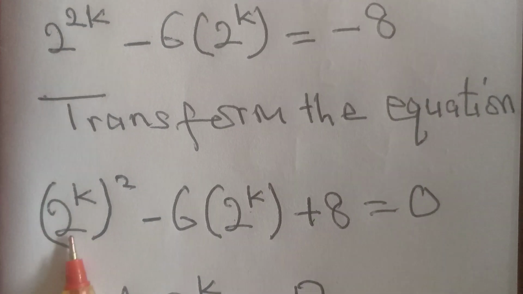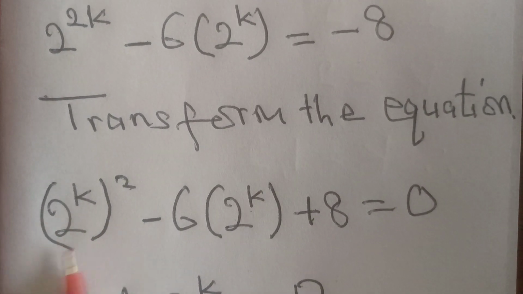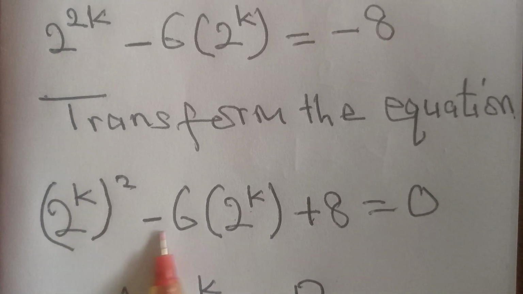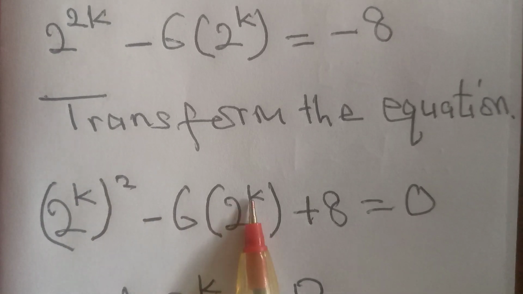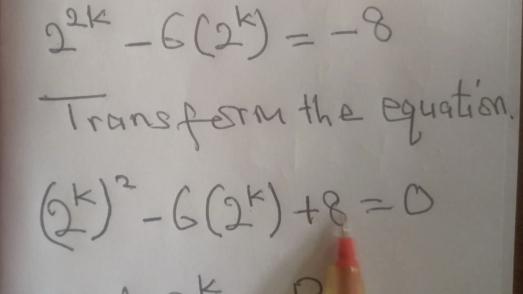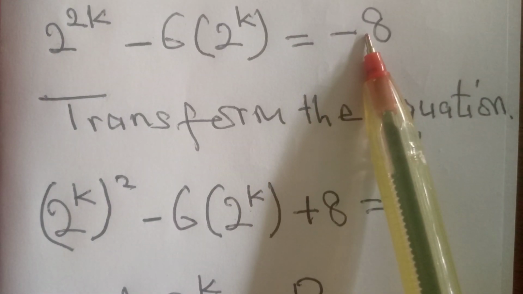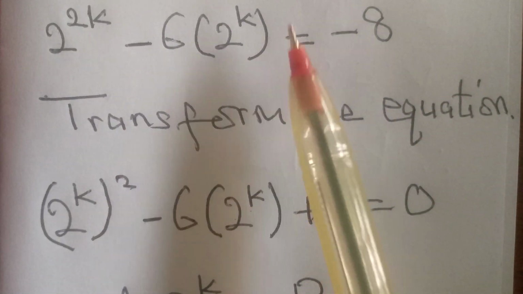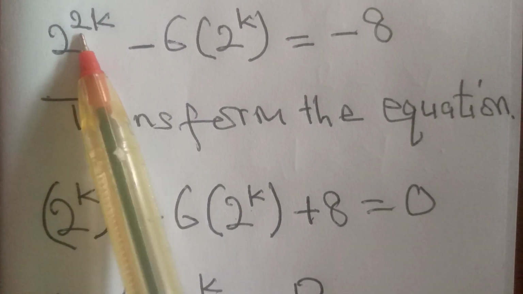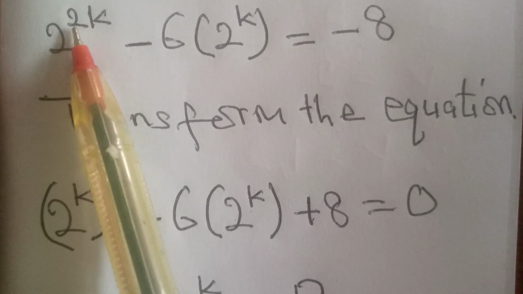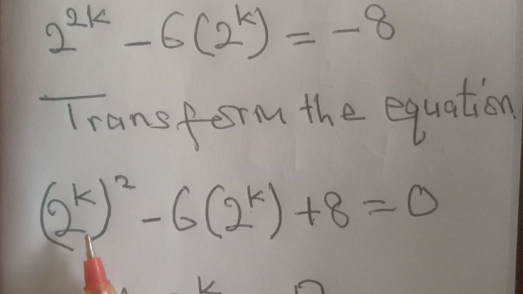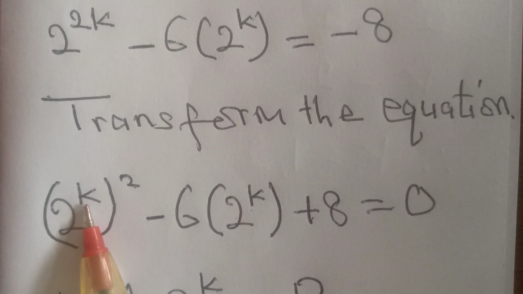You will have 2 raised to power k, everything raised to power 2, minus 6 into 2 raised to power k plus 8 equals to 0. And that happens after bringing this minus 8 to the left hand side, and then you just rearrange this index.